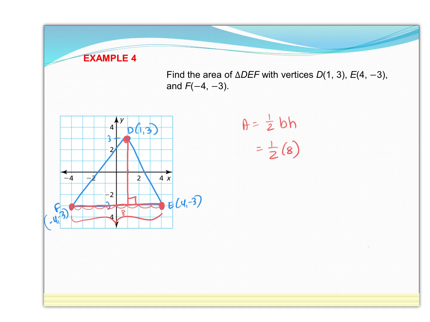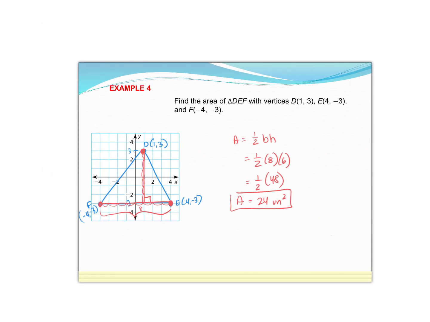So this line here is going to represent the height of my triangle. The length of this height is 1, 2, 3, 4, 5, 6. So my height is 6 units. So I know the area of this shape is half of 48, which is 24. So 24 units squared is my area.